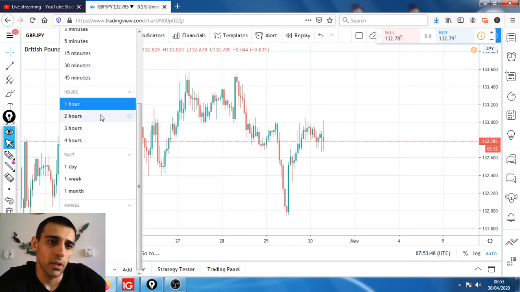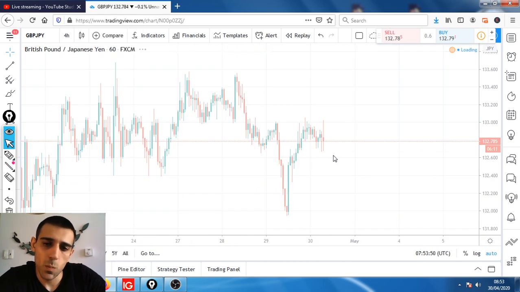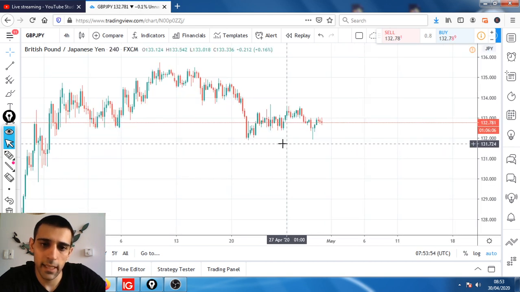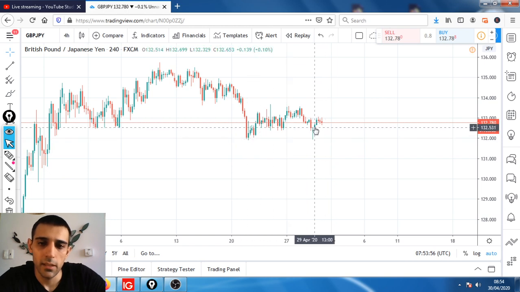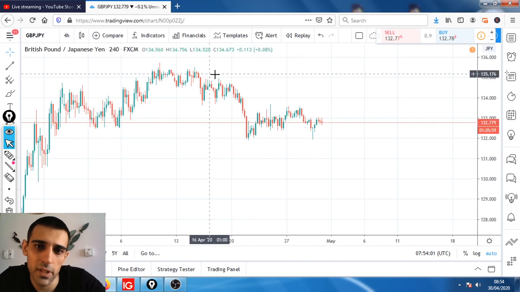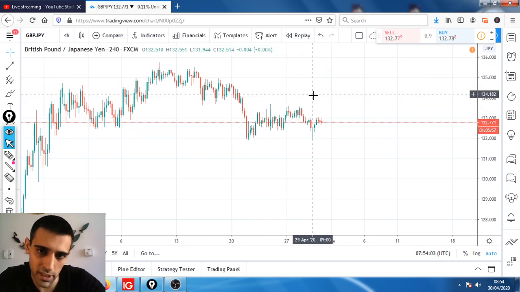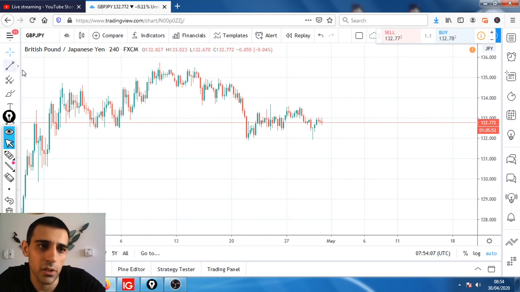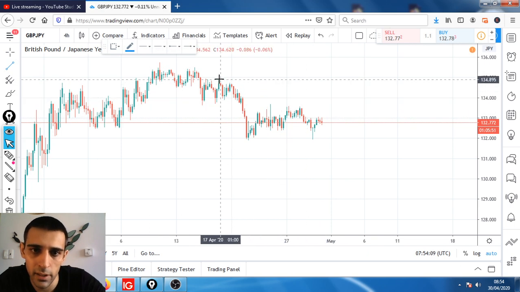Let's go to 4 hourly. So look at the 4 hourly. The price came down and tested this. There's a good chance it's going to return to it. On the 4 hourly time frame, there's slightly more downward pressure because we also have a trend line.